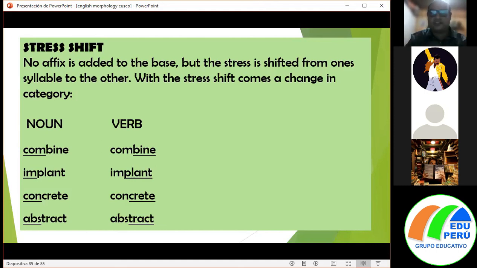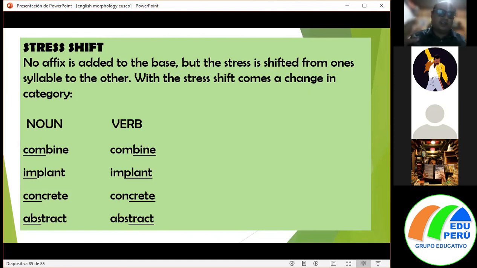Another process could be back shift, when you reduce the word doctor to doc, veterinary to vet. This is called clipping, when you reduce the word and create a new word.